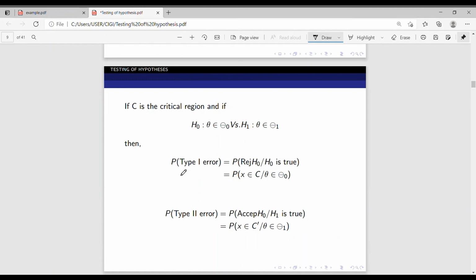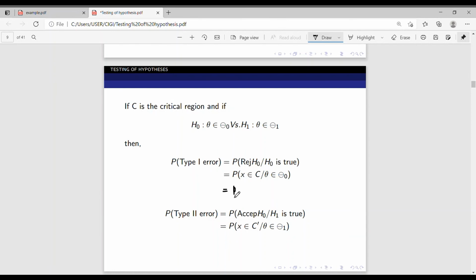Then the probability of type 1 error is the probability of rejecting the null hypothesis when it is true. So rejecting H0 given H0 is true. We reject the null hypothesis when our sample point lies in the critical region. So we replace it by x belongs to C, given that H0 is true, so theta belongs to capital theta naught.